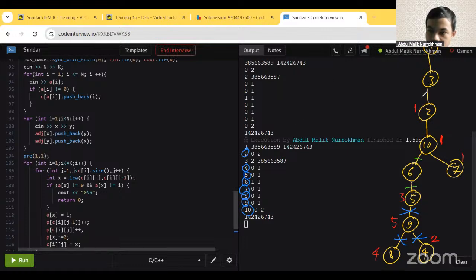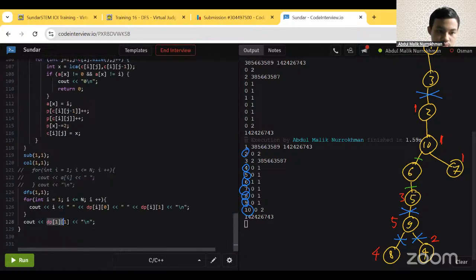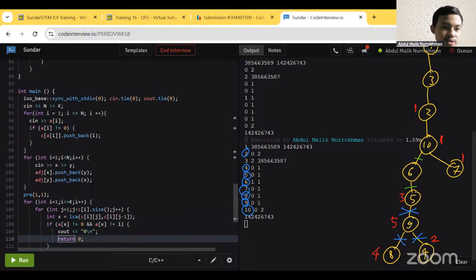Or at least, okay, we can cut here, become 0, but it should be colored, so the output is DP 1 1. Alright, so for 3, if we don't cut this it becomes colored, but the result is not like this. Okay, so the formula is incorrect.